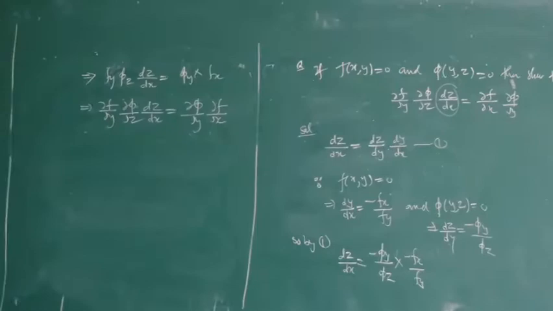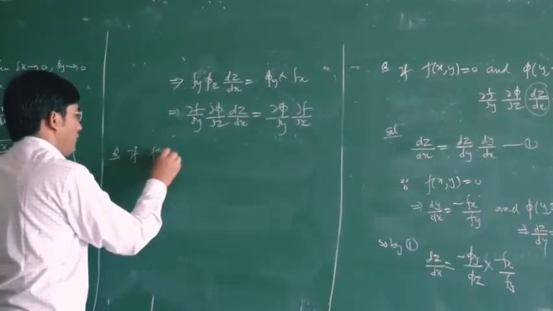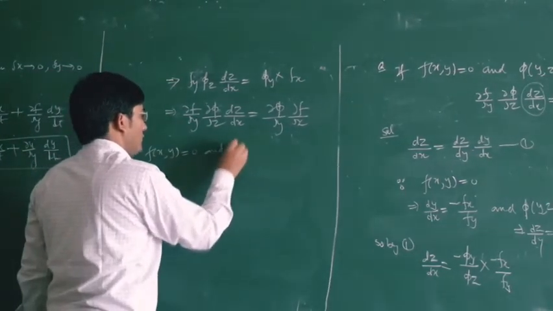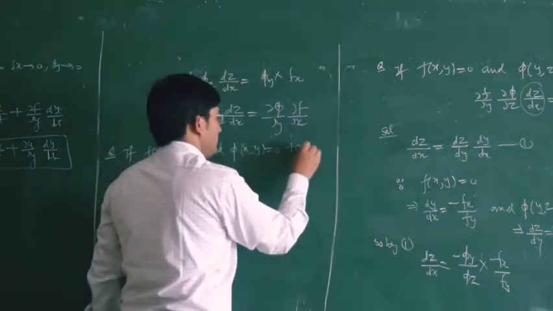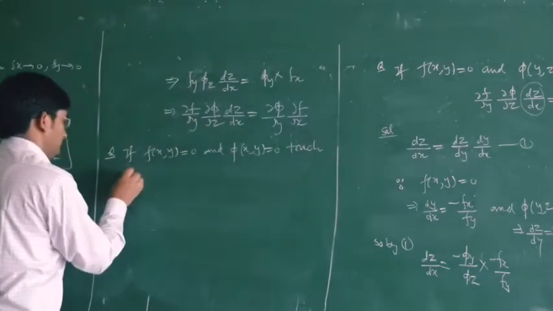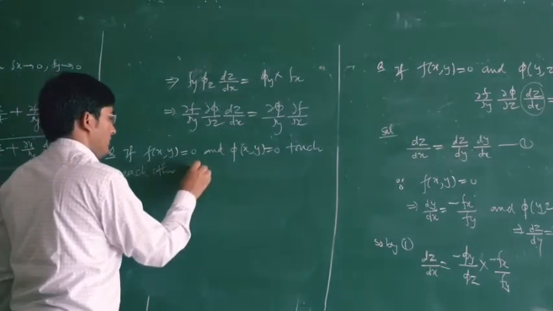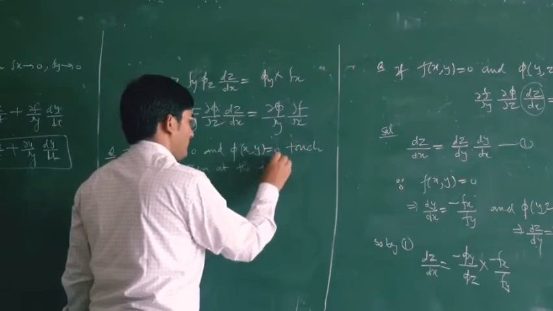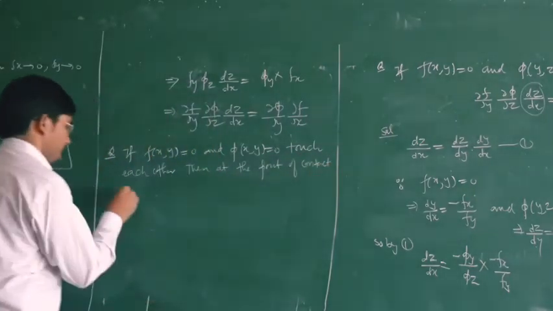Then next question: if f(x,y) equals 0 and phi(x,y) equals 0 touch each other, then at the point of contact show that fx into phi y equals phi x into fy.